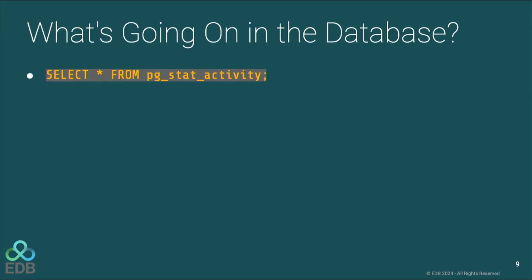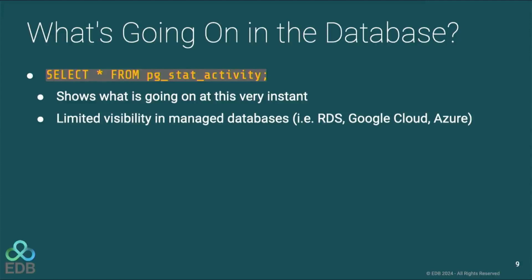It is kind of like a table, but it shows you what's going on in the database at that very instant. For people using RDS or managed databases, or if you don't have superuser access, you may not be able to see everything available, but at least you will be able to see how many processes are running, some of the process IDs, and things like that. So that might still be useful even if you don't have superuser access.